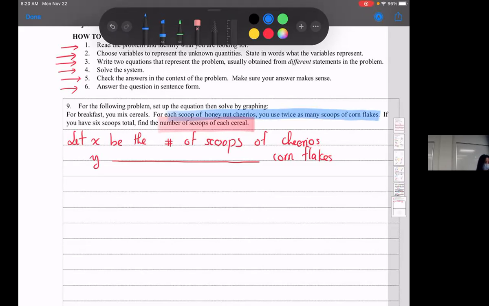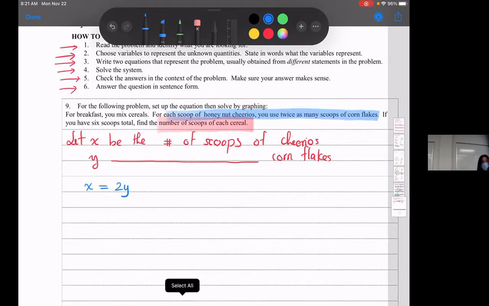Can someone interpret that into a math equation? X equals what? Cheerio is X, equal to Y, right? For each scoop, you use twice as many scoops of cornflakes.